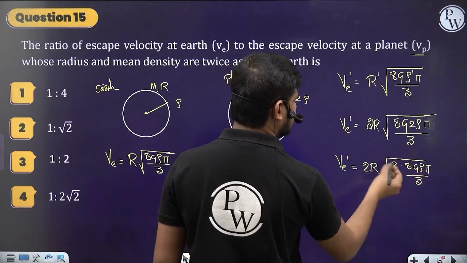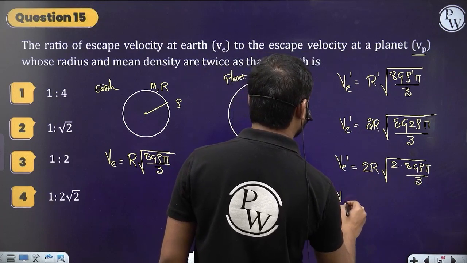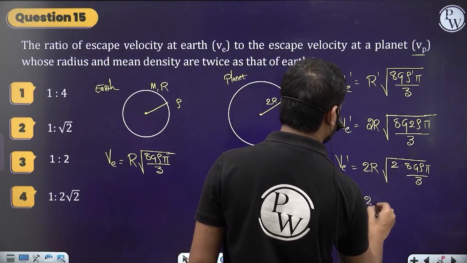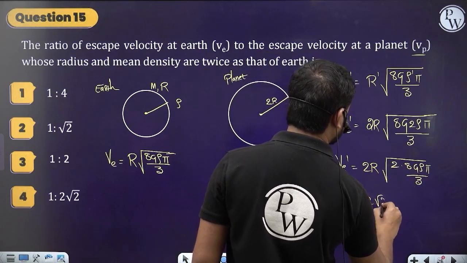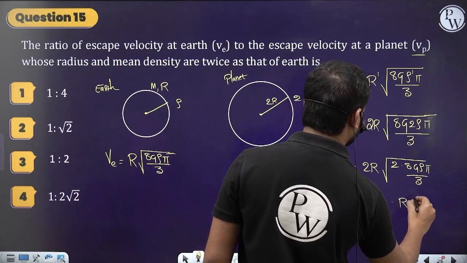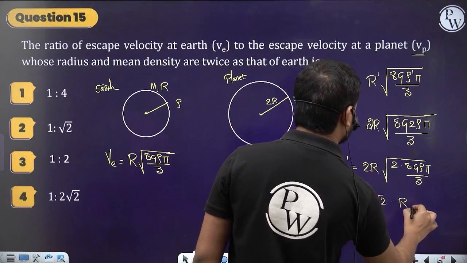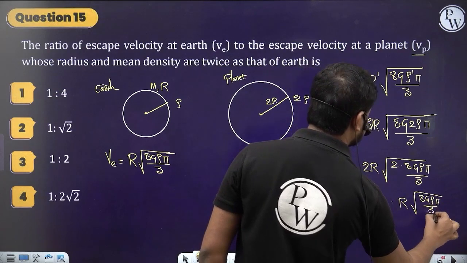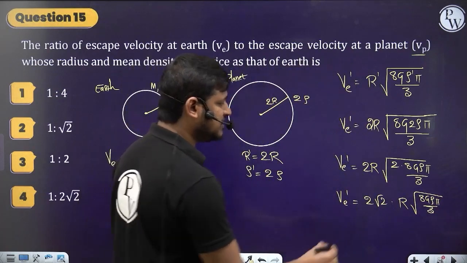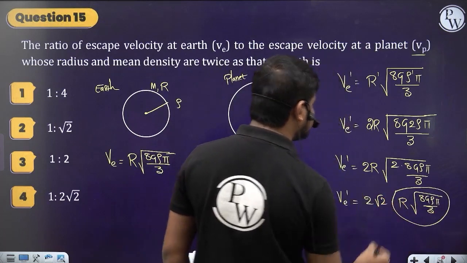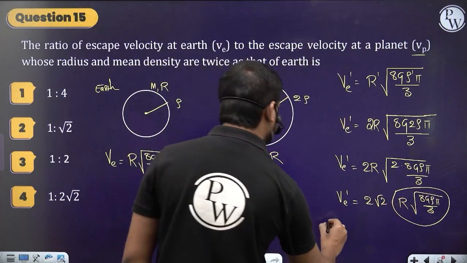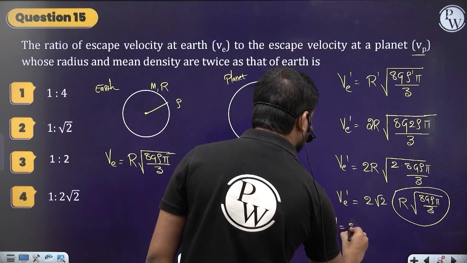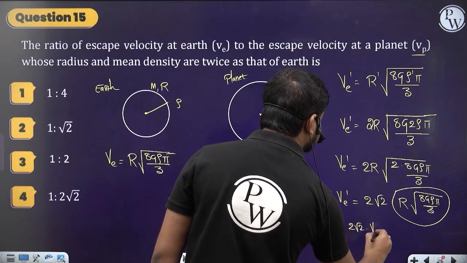Root 2 you can take out, so it is root 2 into r into root over 8 G rho pi by 3. In place of this I can substitute the escape velocity of the Earth, so VE dash is equal to 2 root 2 into the escape velocity of the Earth.